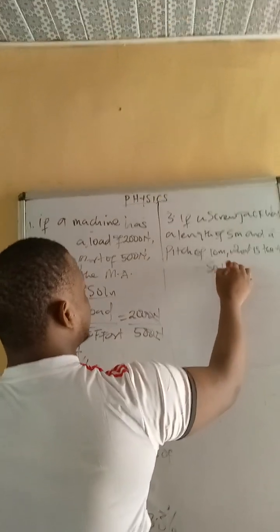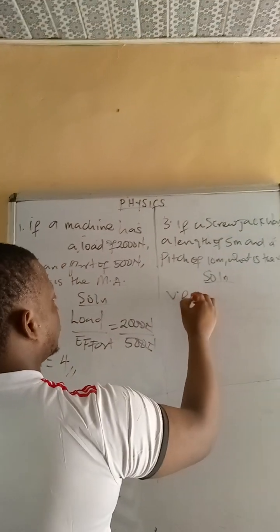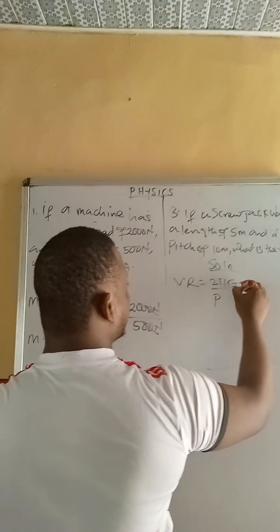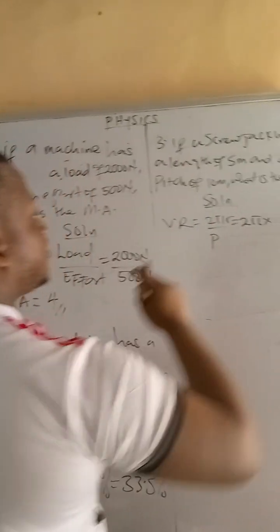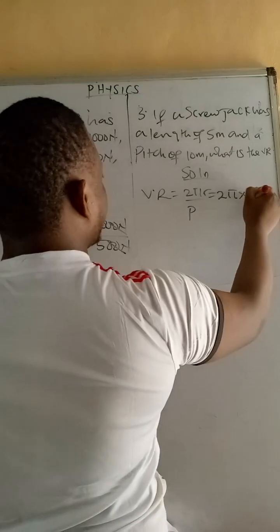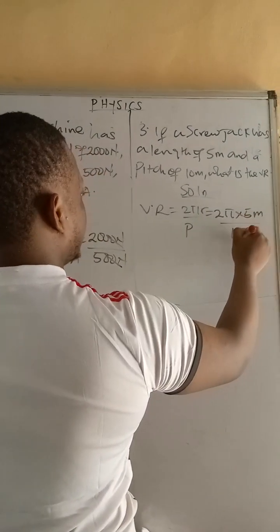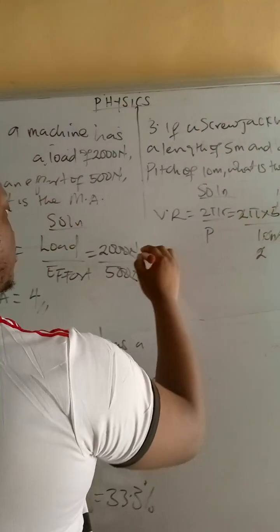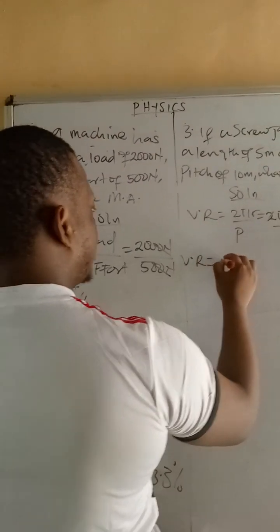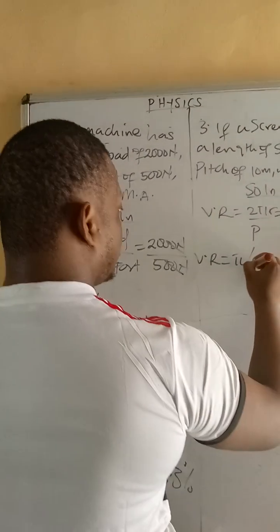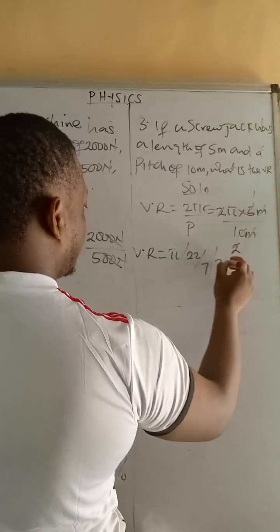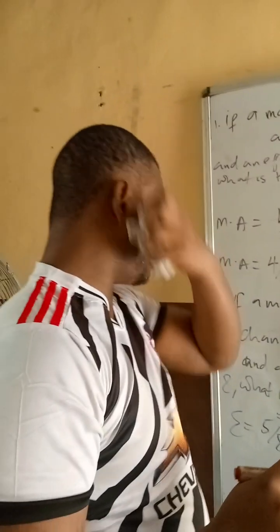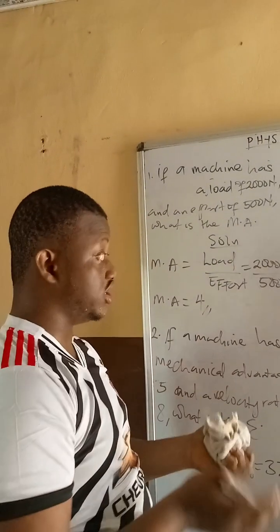The solution: velocity ratio is 2 pi r over p, which is 2 pi multiplied by 5 over 10 meters. The 5 and 10 reduce and the 2 cancels, so our velocity ratio is pi, which is 22 over 7 or 3.142. So that is what I have to discuss with us today.